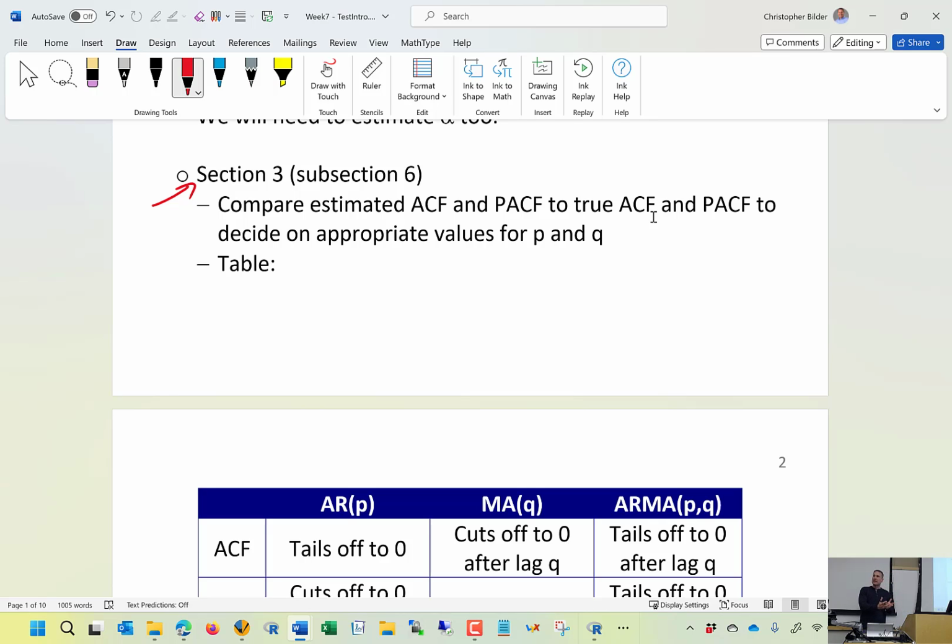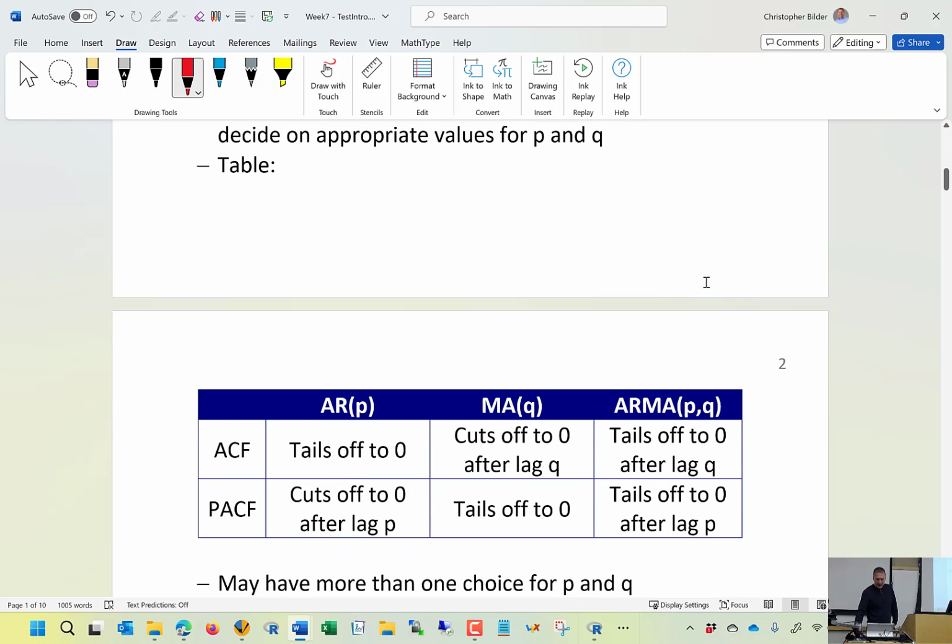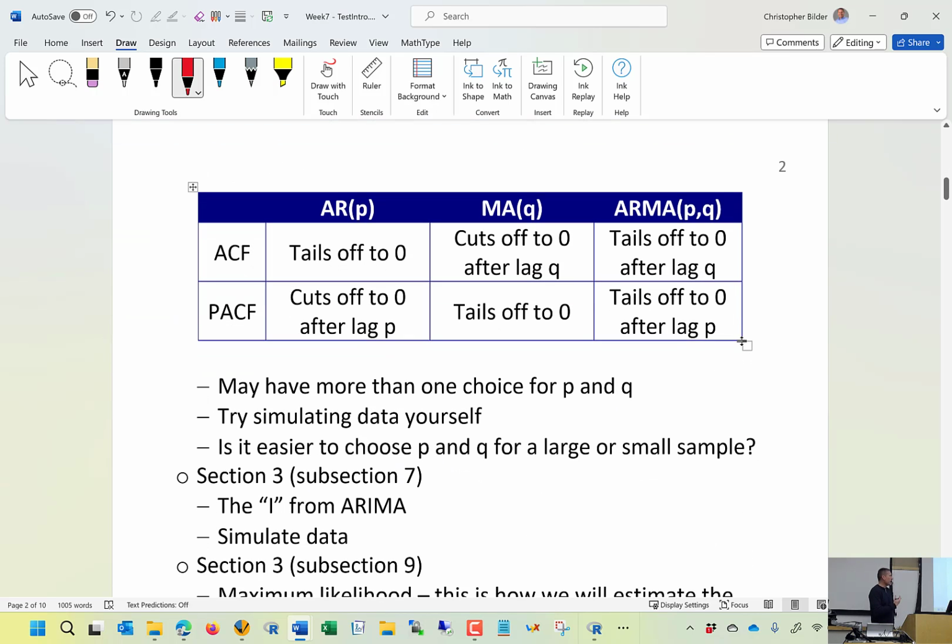Because that leads us then to decisions about, okay, p must be this, or q must be this. And so that's why we spent that time doing that. In the end, we have this nice little table here that summarizes what's going on.